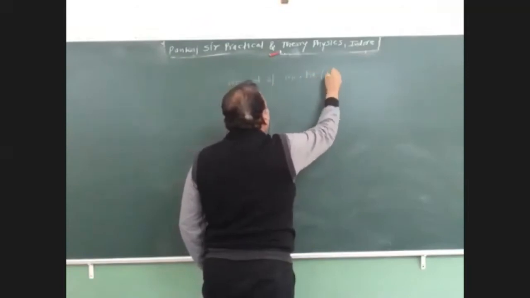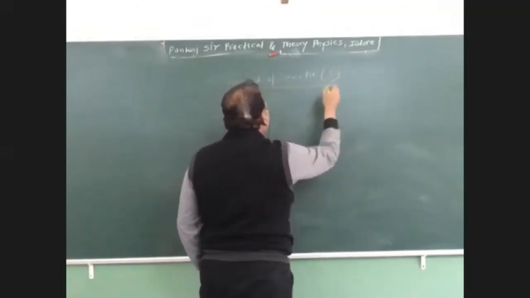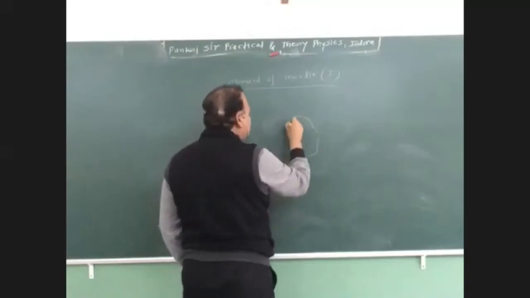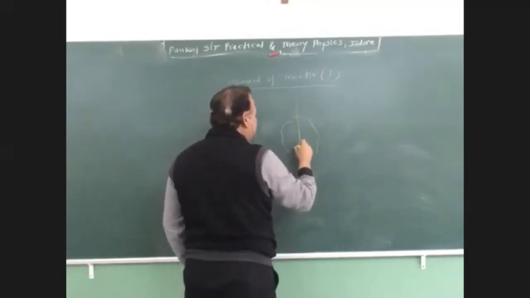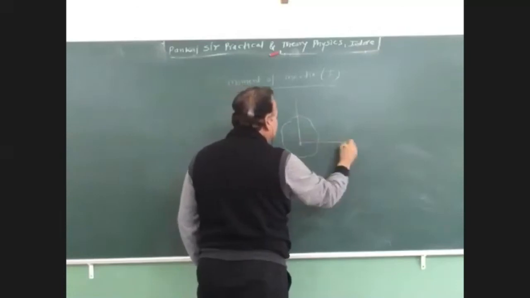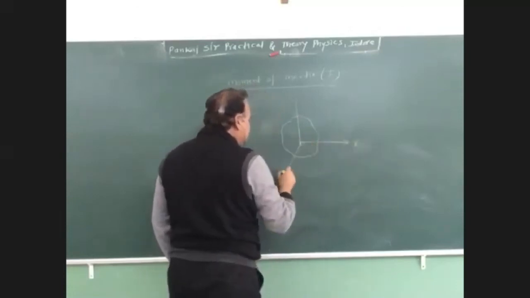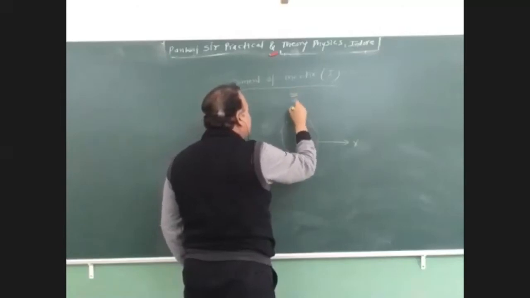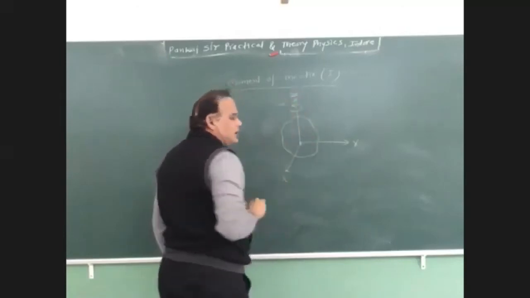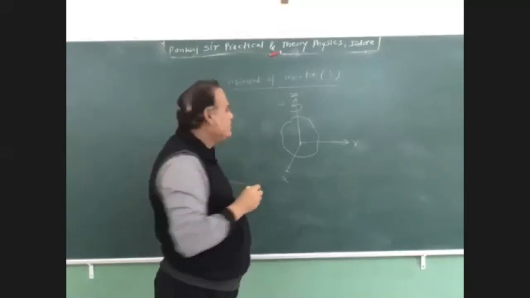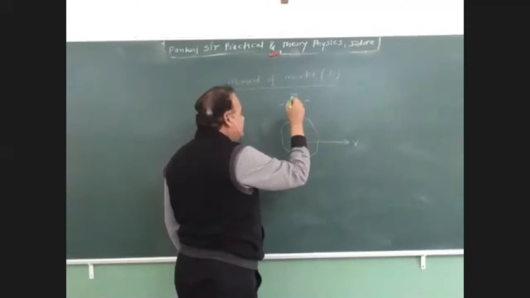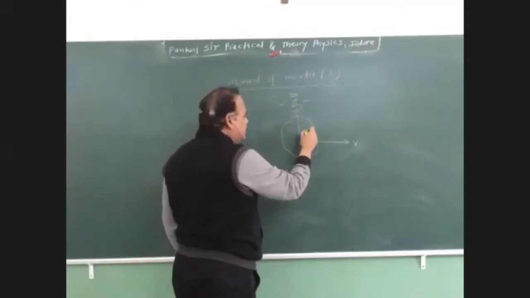It is a very important quantity, related to everything. So suppose you have a body here. This is a body, and suppose this is the y-axis, this is the x-axis, and this is the z-axis. Because the body is rotating about the z-axis with angular velocity omega and angular acceleration alpha also. The number of particles are here.